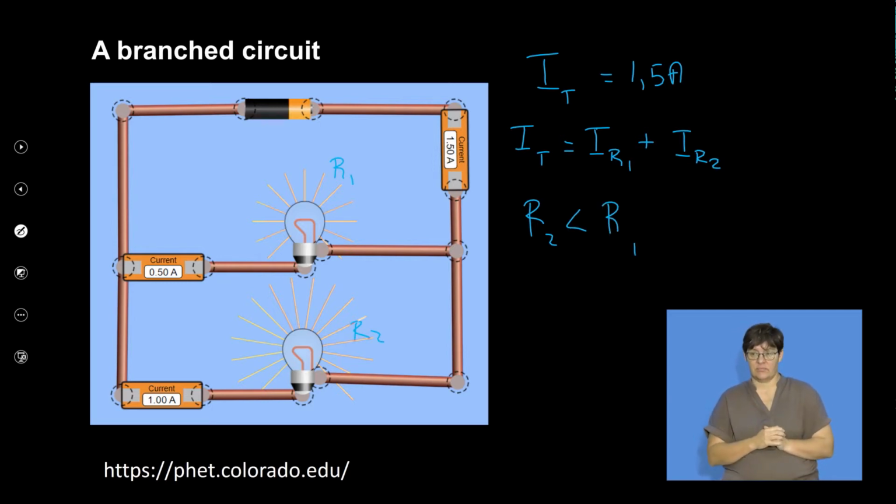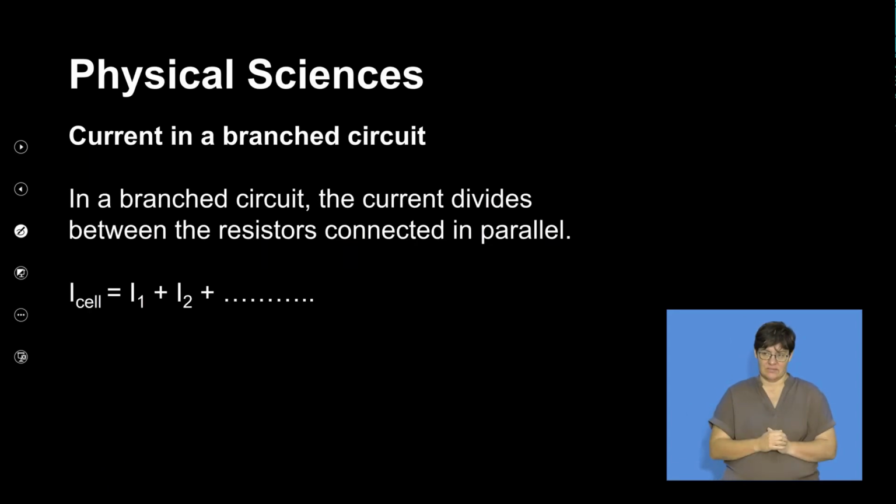So less current will go through high resistance, meaning that R1 is greater than R2. Even if you check here, you'll realize that the brightness of R2 is greater than that of R1. Why is it so? There is definitely more current passing through R2 because it has a lower resistance in comparison to R1. Very, very important.